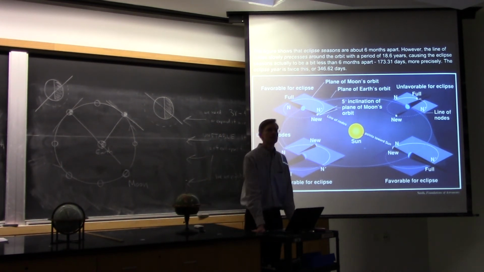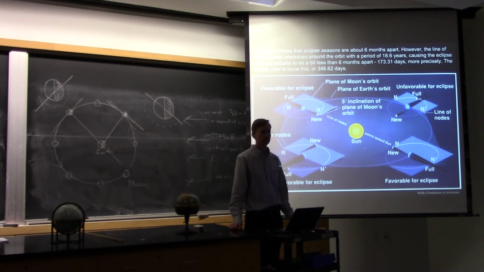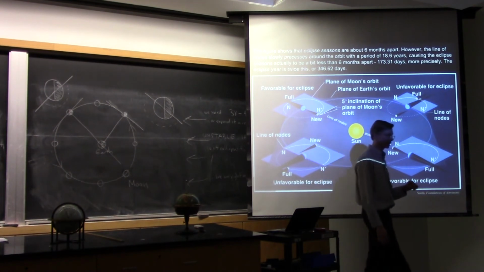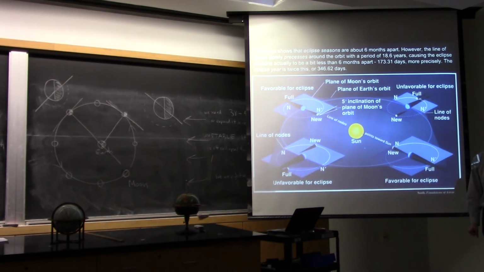So if the precession of the nodes is every 18.6 years, how is it that we're going to have two solar eclipses, like one in 2017 and one in 2024? Yeah, so those are like 6 years apart from one another, you mean? Notice, suppose there was no regression of the line of nodes. Then the line of nodes would point to the sun twice every year.